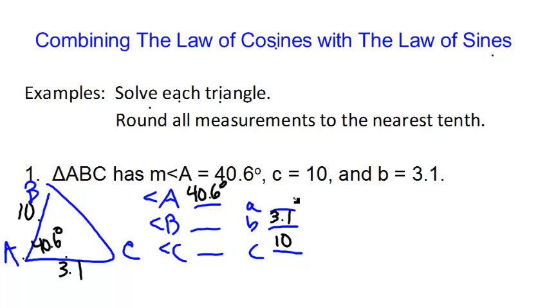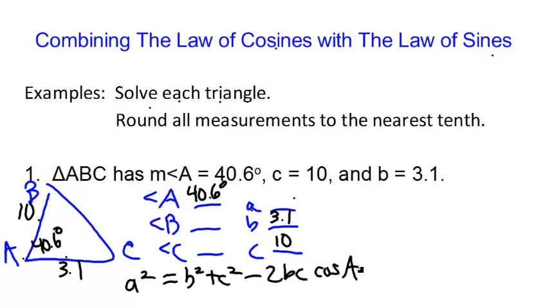I'm going to start out with, well, since I don't know side A, I'm going to start out with A as the isolated side in the law of cosines. That's going to equal b squared plus c squared minus 2bc times cosine of the angle letter that you started out with. So we start out with side A, we will close it off with cosine of angle A. And then from here I can just plug in what I know.